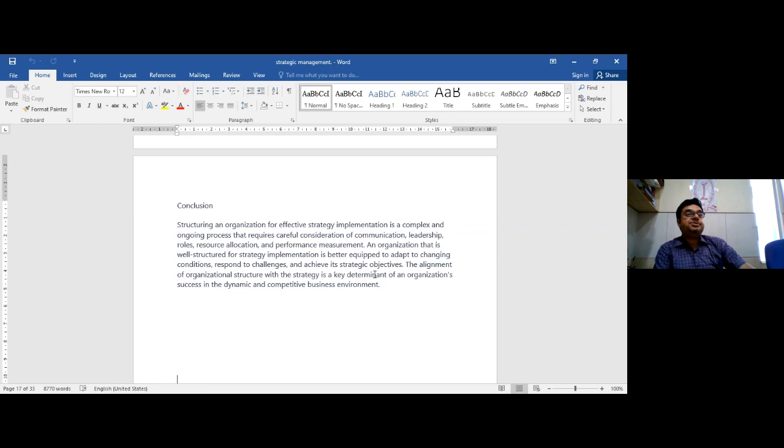The management's attitude towards risk and the dealing with the process of strategic choice.